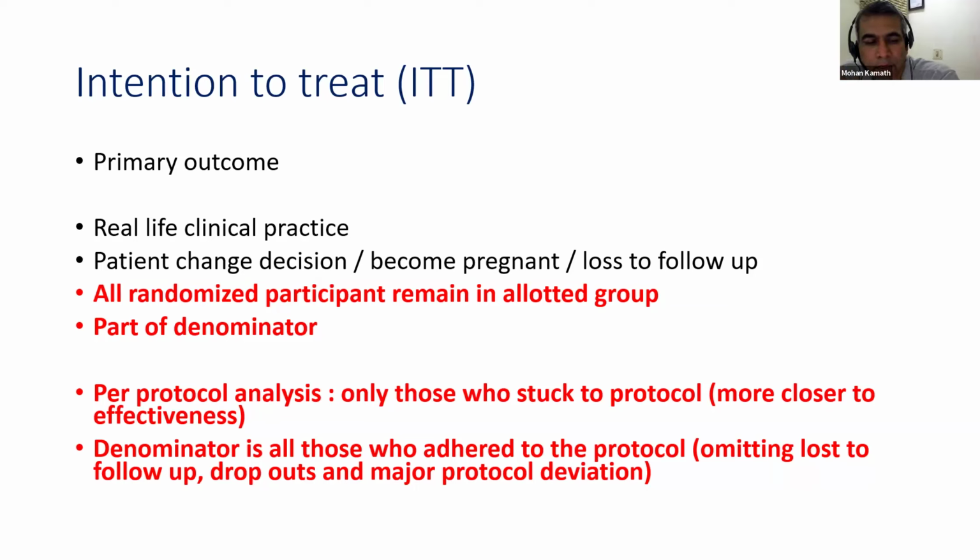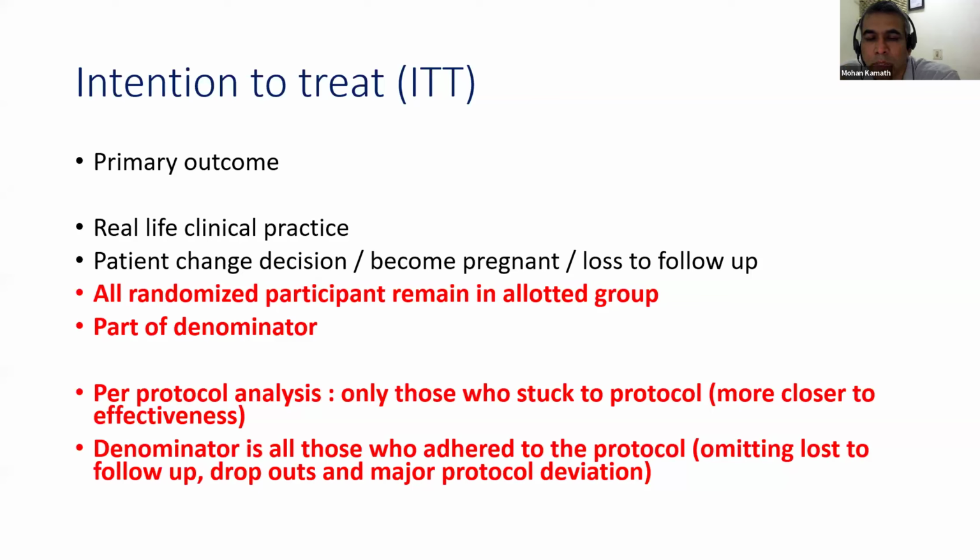Wherein the other one, which is the opposite of ITT, is per protocol analysis. Per protocol is that the denominator is only those participants who stuck to the protocol. That means that if an ERA was done, right from randomization, they had the euploid blastocyst and the ERA was done and they stuck around and you had the live birth outcome.